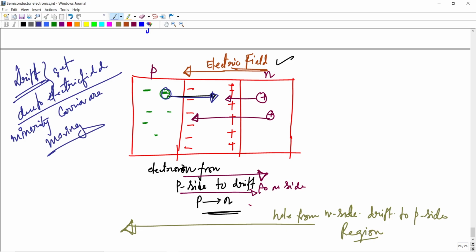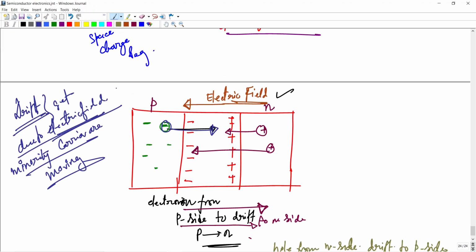This electric field is created due to the space charge region.